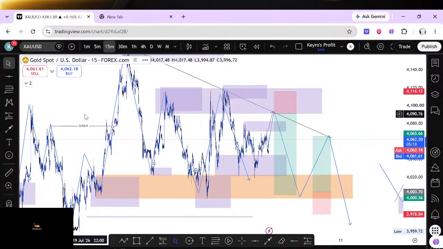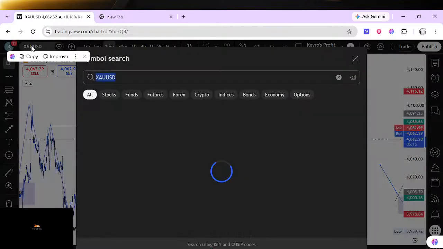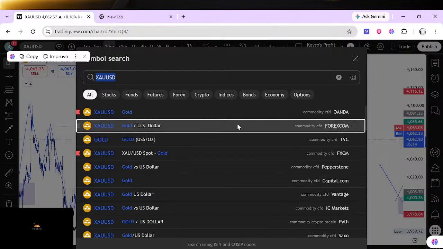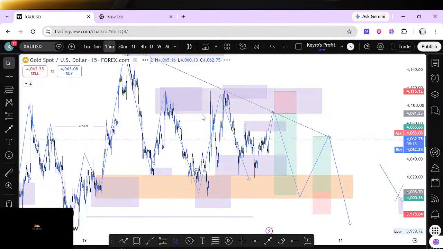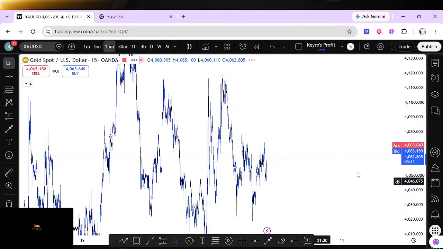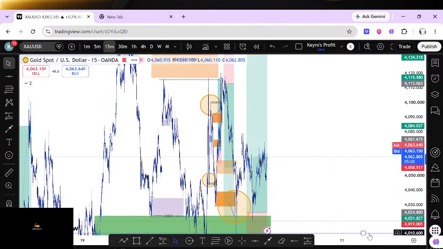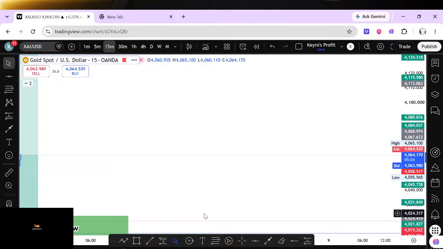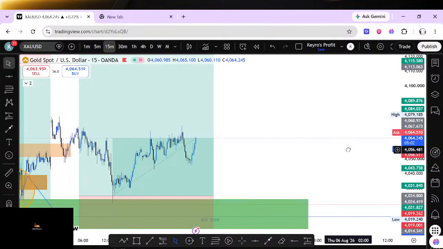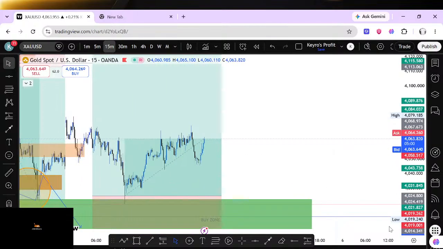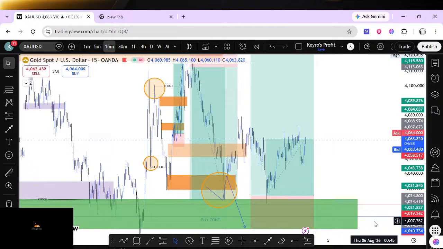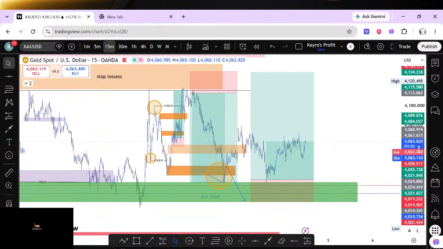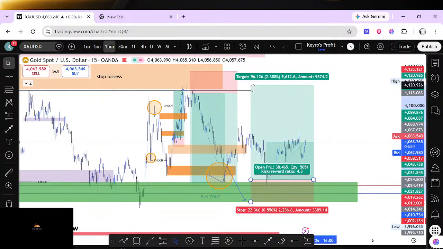I want to share the current trade that we have running and see how we code those trades. This is the current trade that we have running.